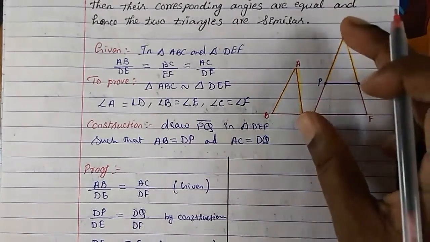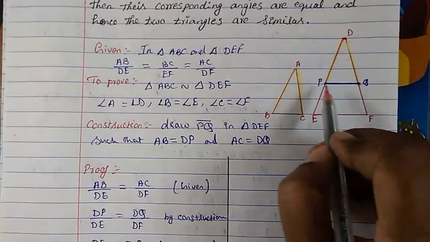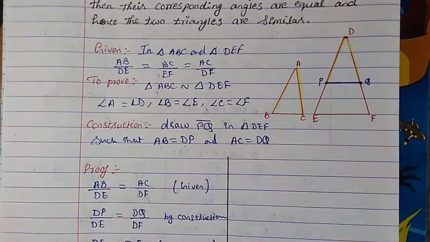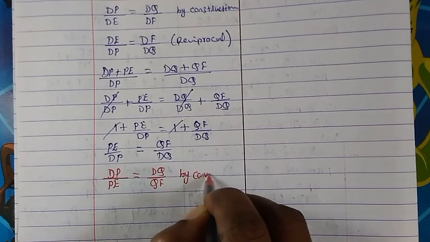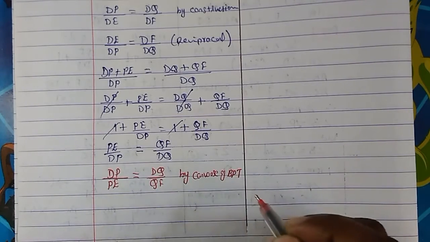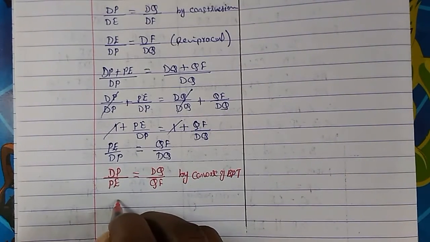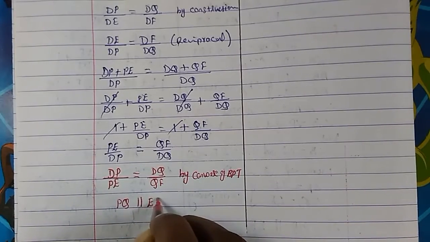So we have proved these two sides' ratios are equal, which means we can say PQ is parallel to EF, by converse of basic proportionality theorem.